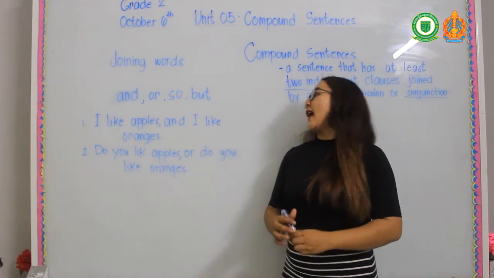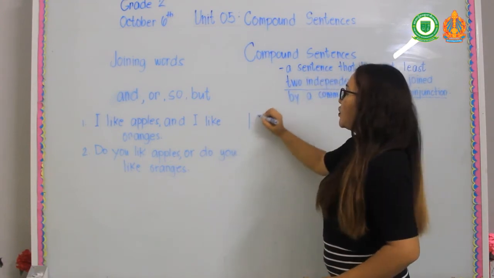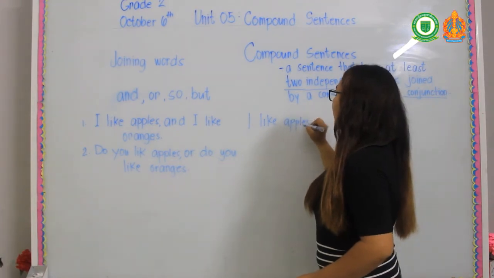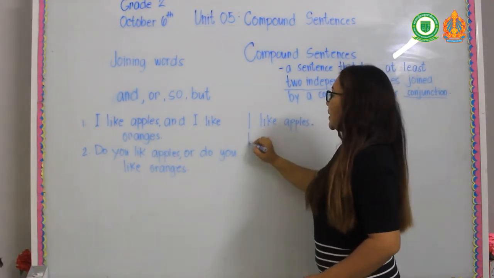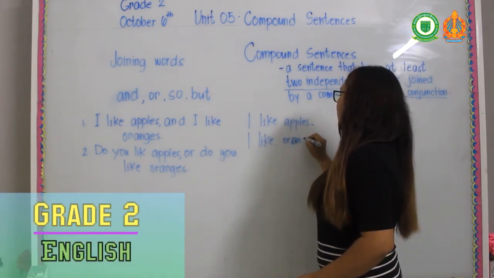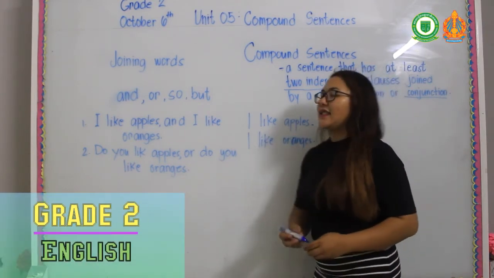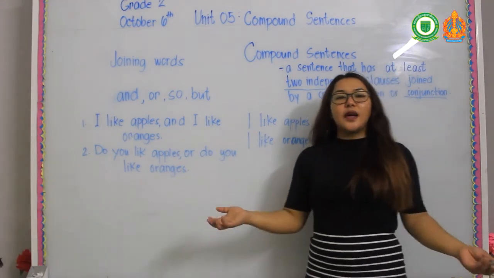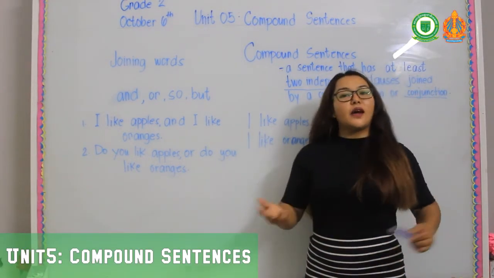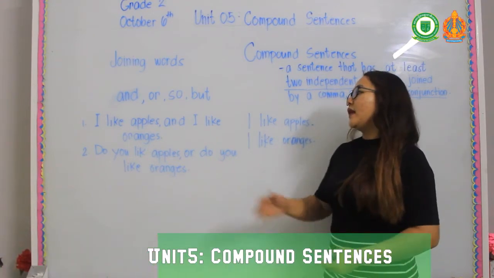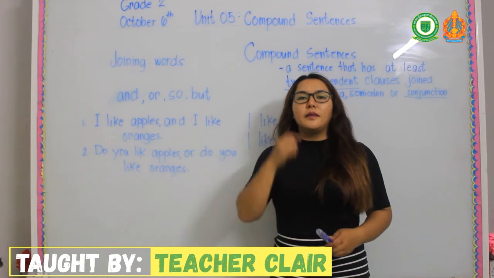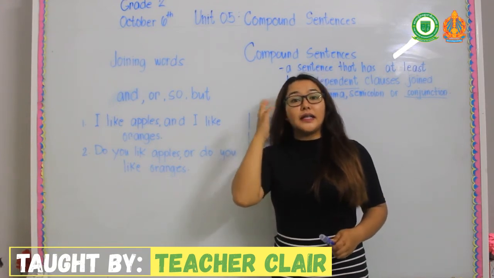You can actually make two sentences, like I like apples, period, that's one sentence, I like oranges. It's still going to be okay. The idea is still there. But when you do it this way, it's also the same idea.